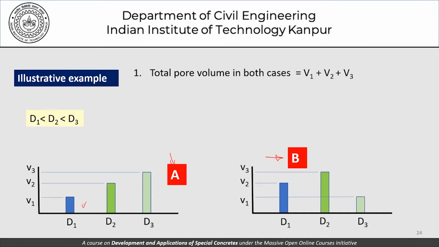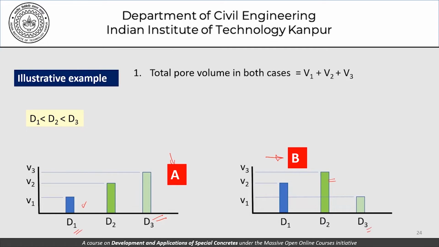Here V1 corresponds to the pores having diameter D3. Here V3 corresponded to the volume of pores with diameter D3. Here V3 corresponds to the volume of pores having diameter D2. So the total pore volume in both cases is V1 plus V2 plus V3.